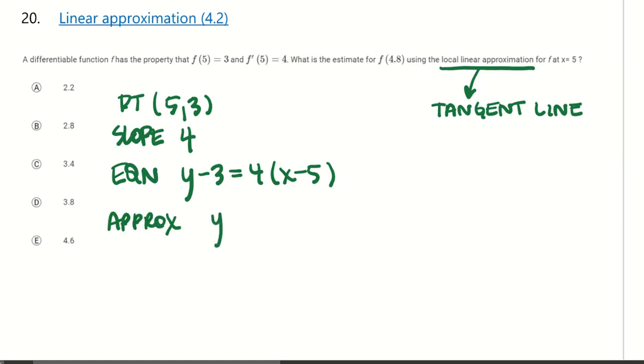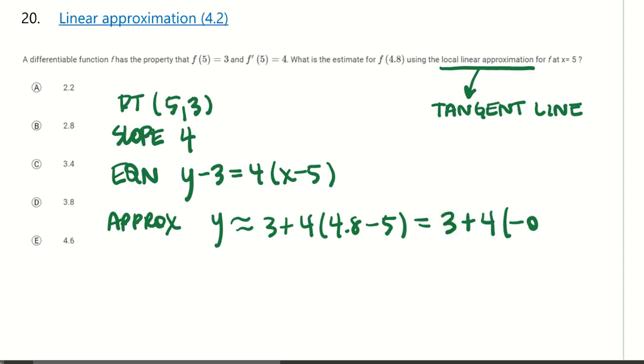That's going to be y is approximately equal to 3 plus 4 times, well, they want 4.8 plugged in for x. So that would be 3 plus 4 times negative 0.2. So I've got 3, I'm going to subtract 0.8, and I'm going to get 2.2 left.